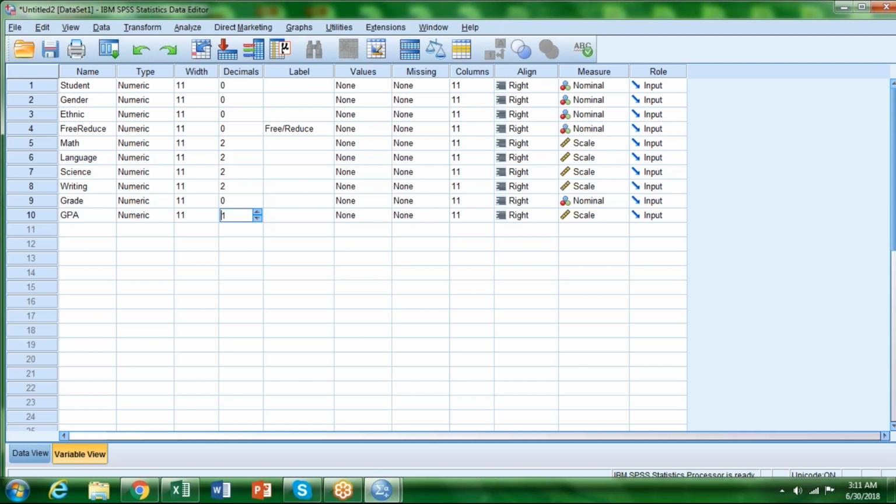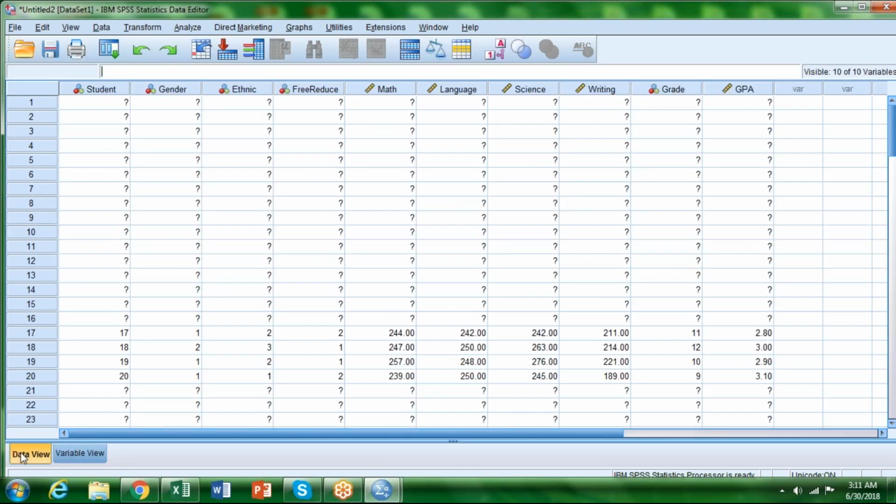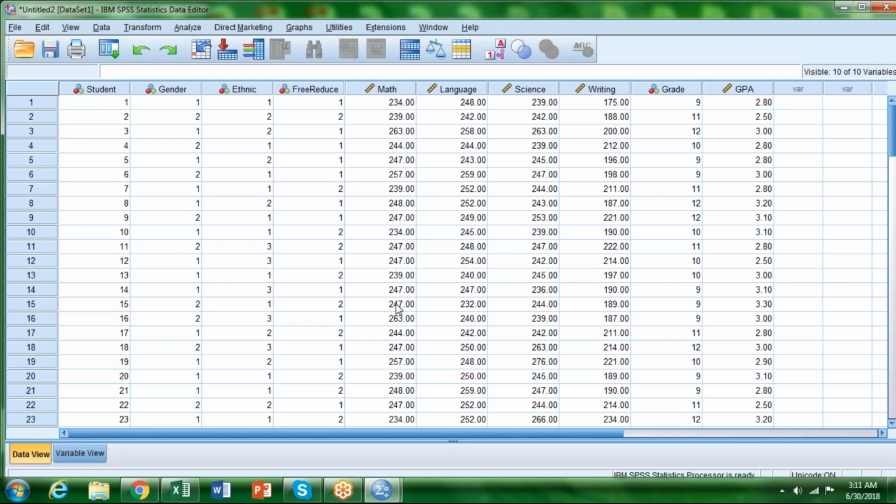Grade is nominal, and GPA is a scale. Now that we've corrected that, if we look at everything else, numeric, width, decimals, values, missing, our measures are all correct. We can go back to the data view, and you can see that you have the 2 decimal places with each of our variables, and that will help us when we do our calculations.